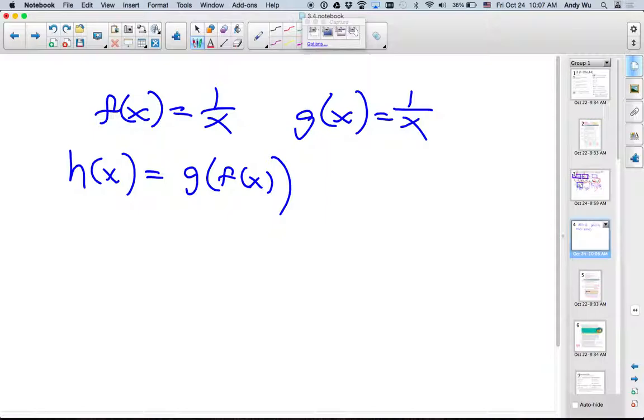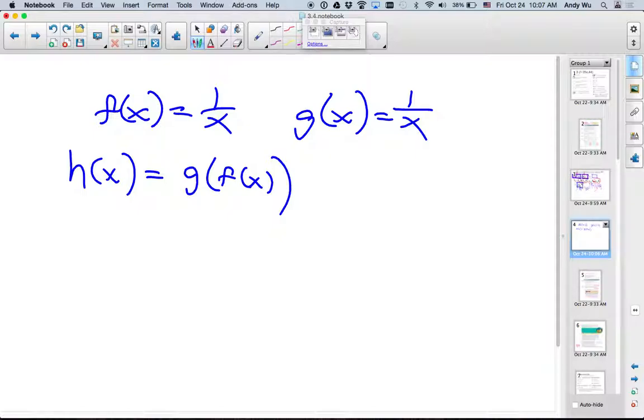So we're not multiplying. We're actually plugging it in. Okay. This is not g of x times f of x. It's g of f of x. So we're not multiplying here, we're actually plugging f of x into g of x. We're not multiplying, we're plugging in f of x to g of x.